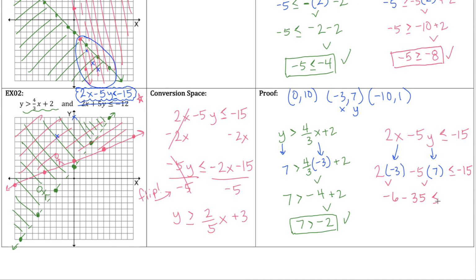Less than or equal to negative 15. And negative 6 minus 35 is negative 41, which is in fact less than negative 15. It's the bigger negative, it has a larger negative value. So that's correct. All right, thank you.